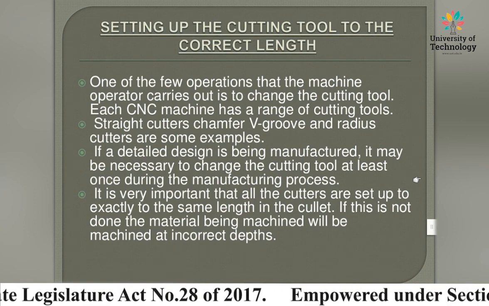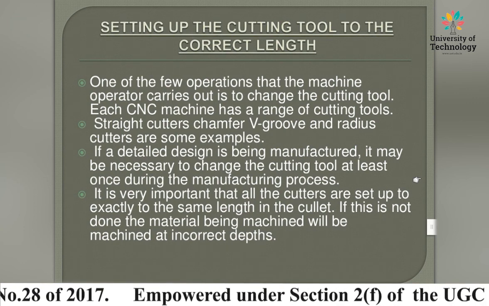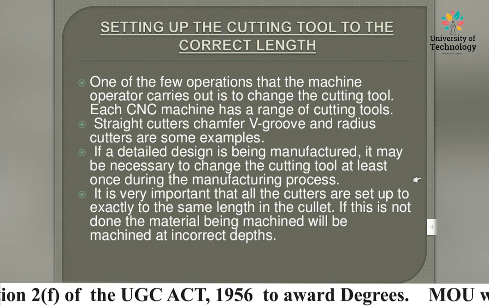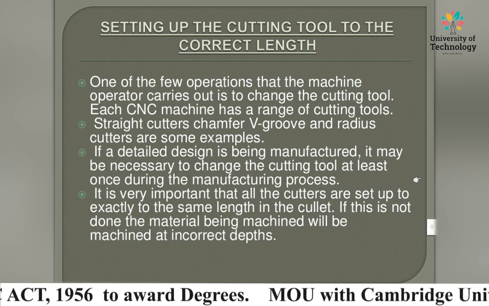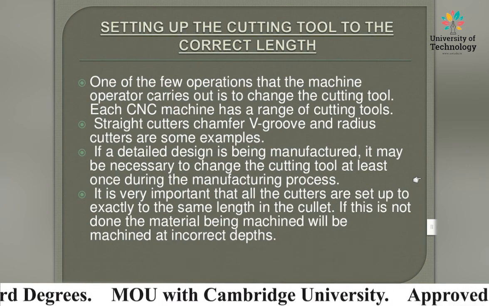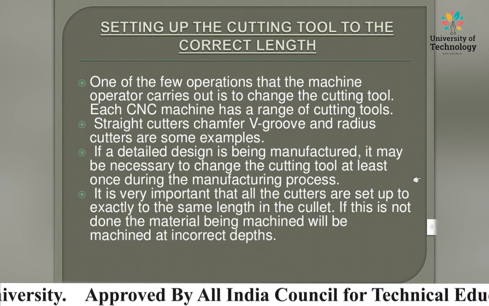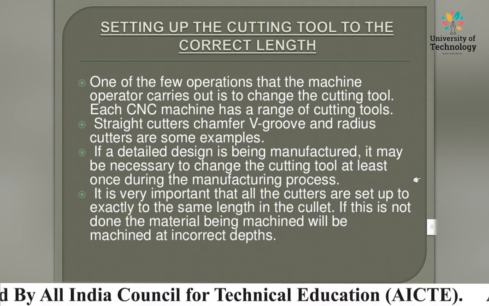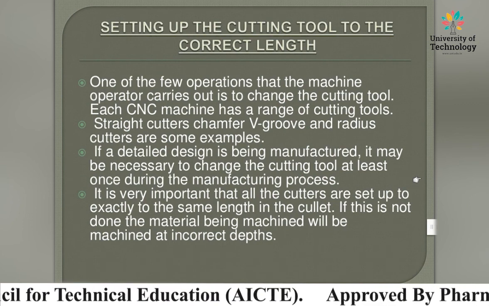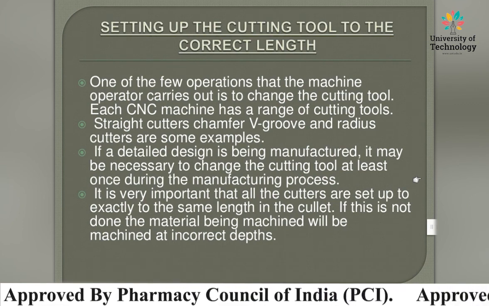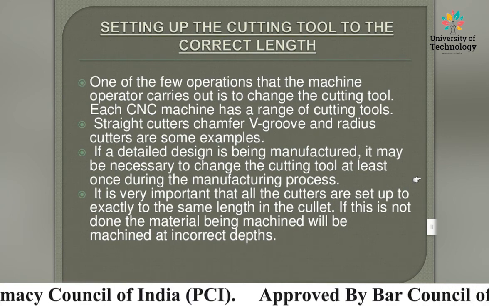If a detailed design is being manufactured, it may be necessary to change the cutting tool at least once during the manufacturing process. It is very important that all the cutters are set up to exactly the same length in the collet. If this is not done, the material being machined will be machined at incorrect depths.